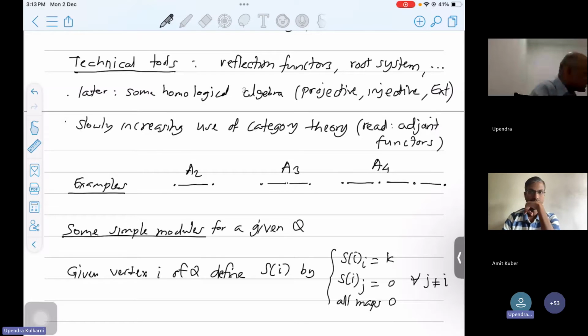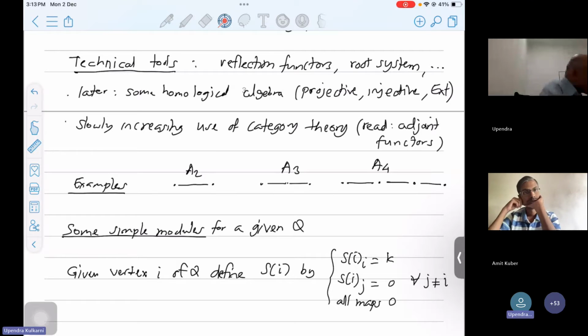After all, I'm allowed to put any vector space at each vertex that I want. So this is what I choose to do. I just put the 0 vector space everywhere except at one chosen vertex I. And over there, I just put a single line, so K is K^1 if you want. And all the maps are 0.